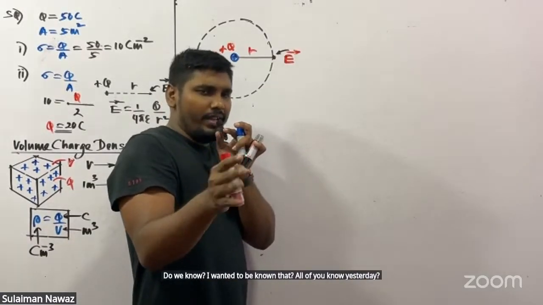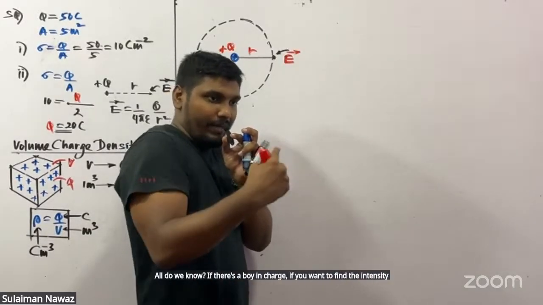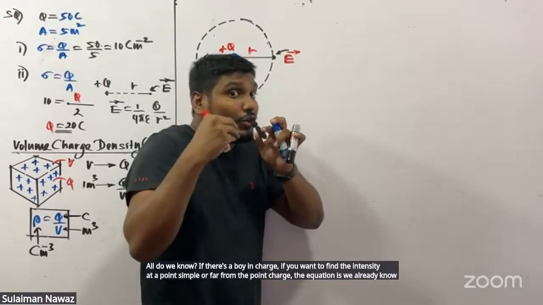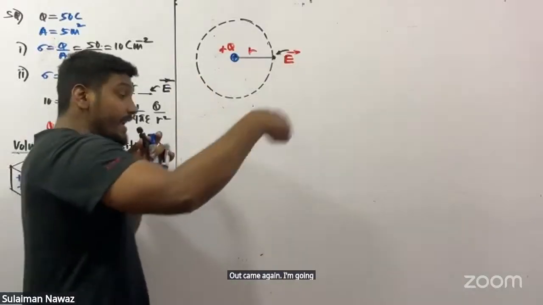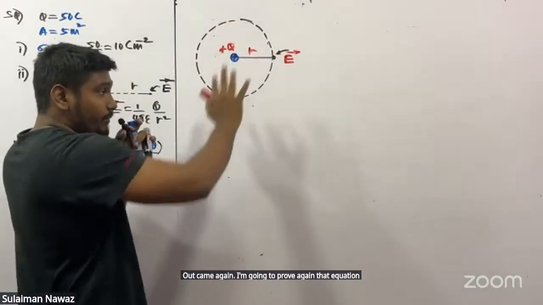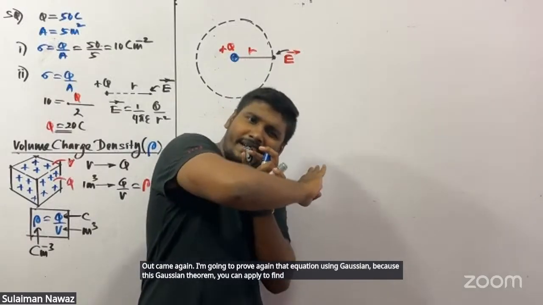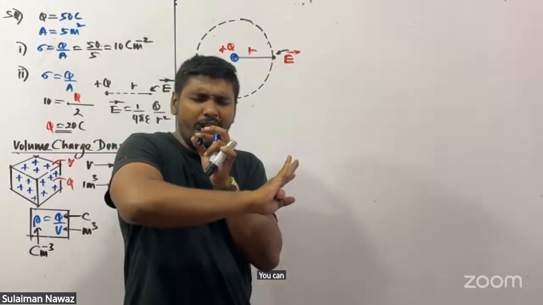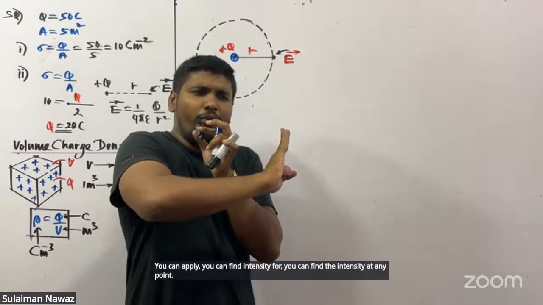If there is a point charge and you want to find the intensity at a point r away from it, we know the equation, but I am going to prove it again using Gauss's theorem, because you can apply Gauss's theorem to find the intensity at any point for any charge distribution.